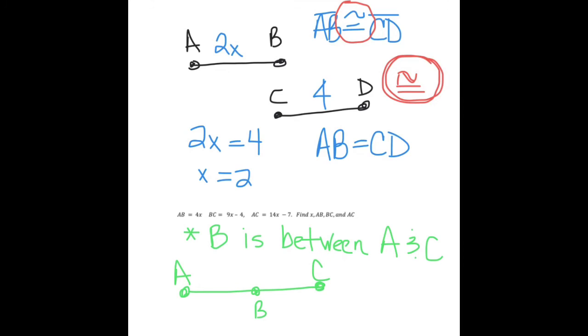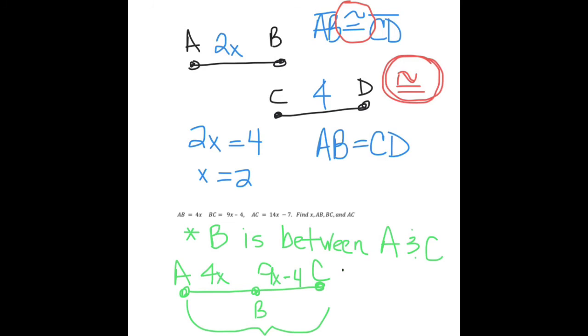So now I'm going to do some measures. Let's see. I know that AB equals 4x. I know that BC equals 9x minus 4. And AC, this whole thing right here, is 14x minus 7. So we need to solve for x and do some substituting.